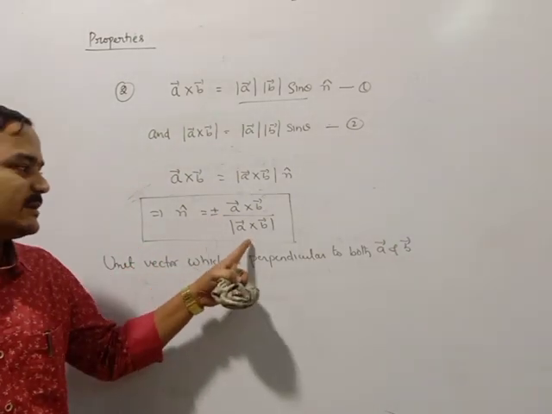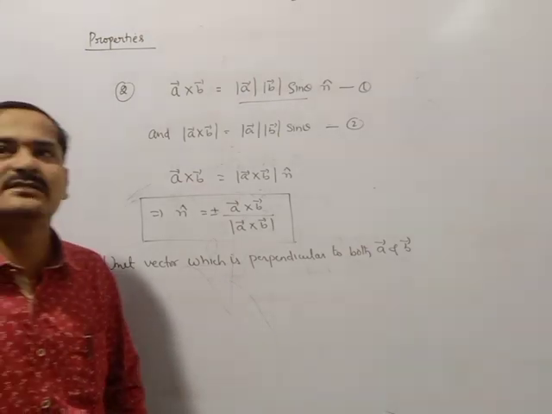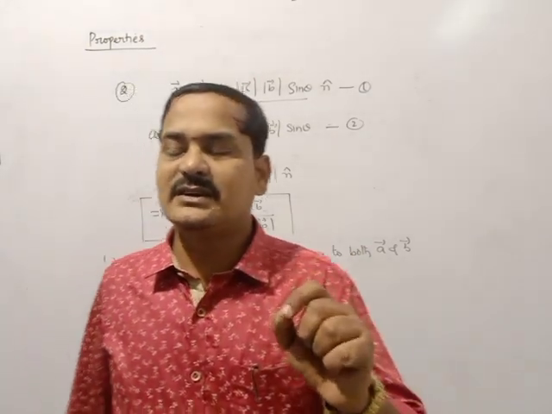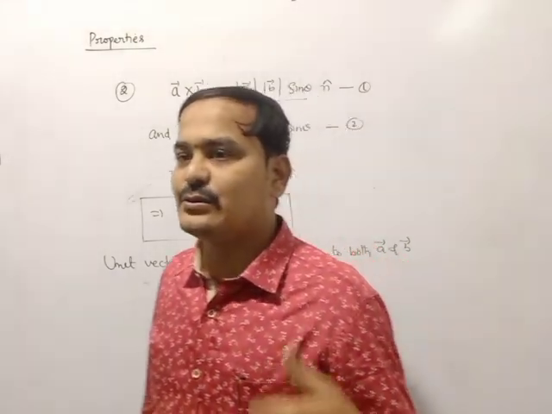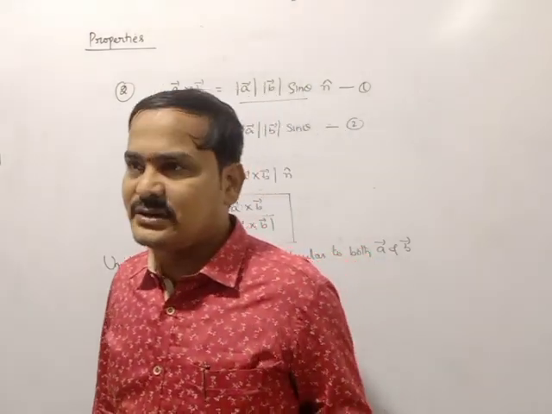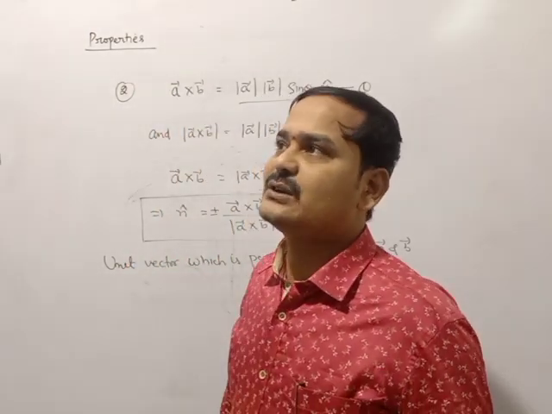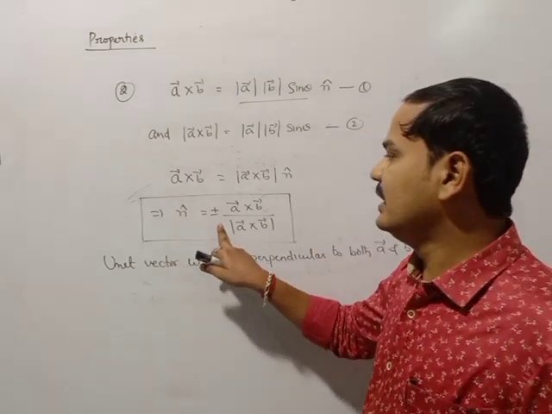If a question asks to find a unit vector which is perpendicular to A bar and B bar, you can use this formula: n cap is equal to plus or minus A bar cross B bar by modulus of A bar cross B bar.